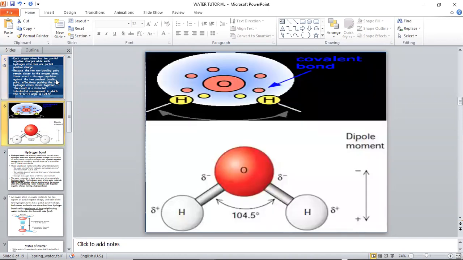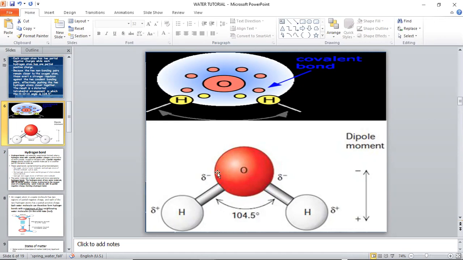So that's the picture, which is showing the electron distribution. You have those 2 free electrons on the oxygen, which exert repulsive forces, which leads to the hydrogen atoms being pushed towards each other, leading to the formation of the 104.5 degree angle.